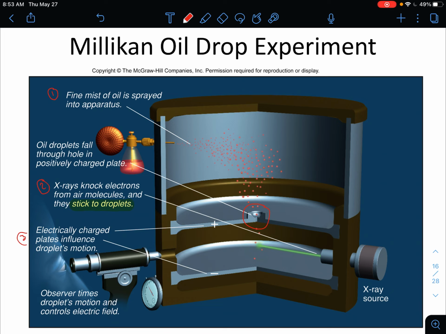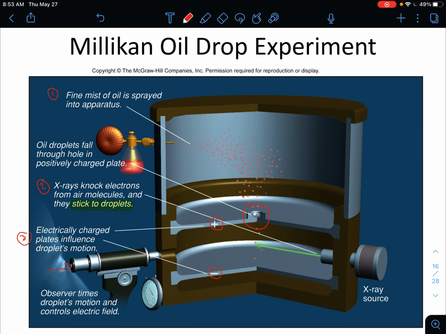In the second chamber, we've got these electrically charged plates. There's a negative charge on the bottom and a positive charge on the top. Essentially the field strength in that second chamber can be adjusted, and here is where he's able to observe the oil droplets.